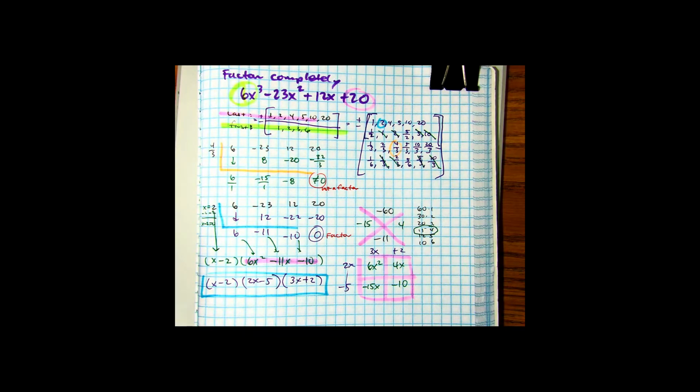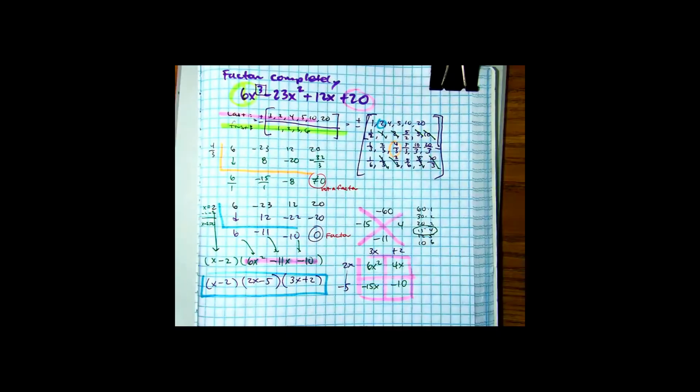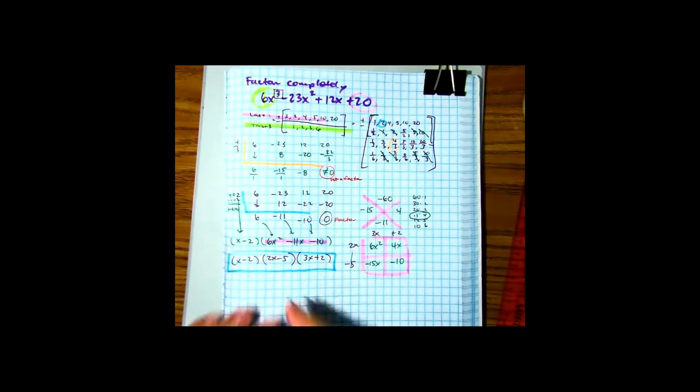Hey guys, let's go over this example of the fundamental theorem of algebra. And we have the polynomial function 6x to the third minus 23x squared plus 12x plus 20. Notice it's in descending order, so the highest exponent is in front. That would be to the 3. So this is a third degree polynomial.